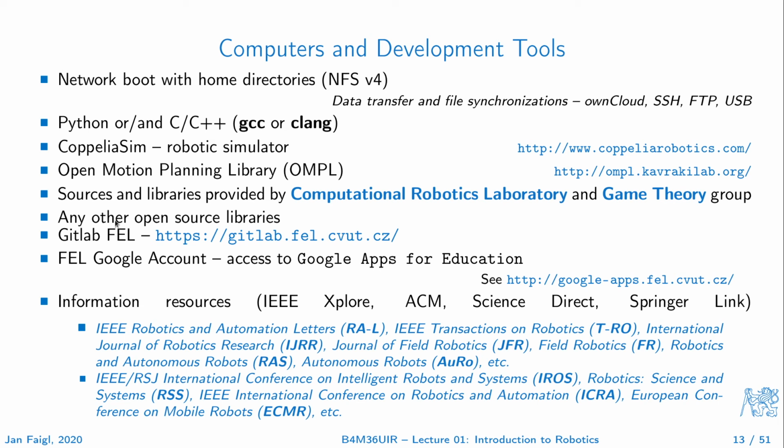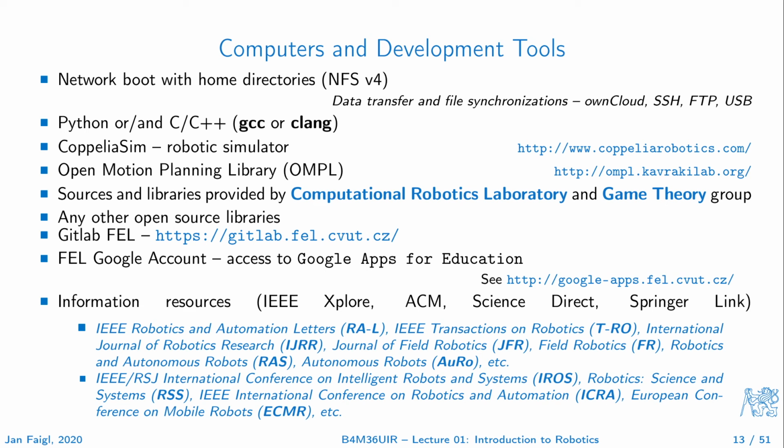You can use the faculty GitLab, and we will also use Google Apps for Education for a couple of organizational things. You should already be familiar with it, but some of you are Erasmus students here, or from Prague AI, from different universities, so just be aware that we are using Google Apps for Education for many things.